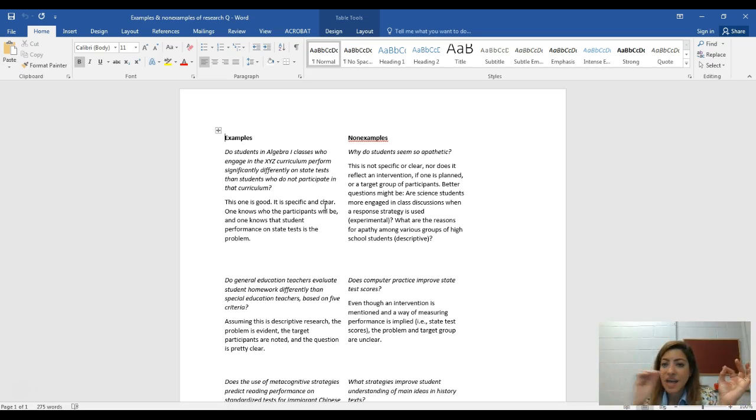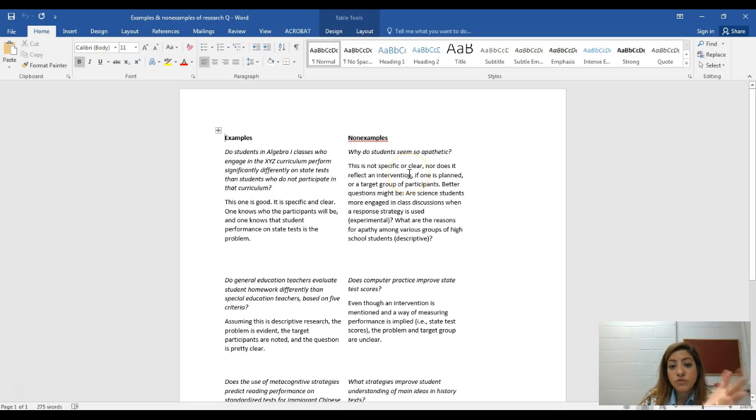You named every specific thing: the algebra curriculum, students, their performances, this is what you're measuring, and then the difference between the curricula, right? Versus this one, this is not specific or clear, nor does it reflect an intervention.